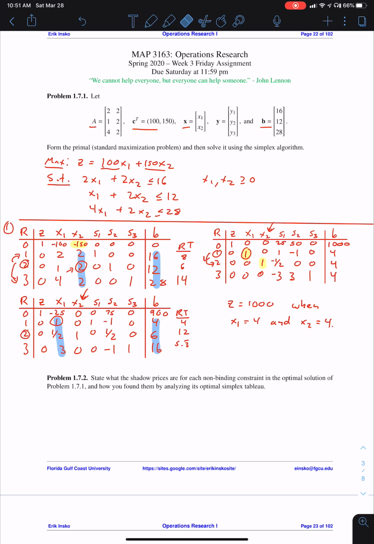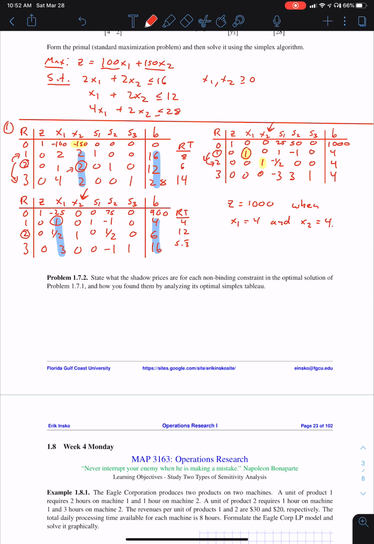Now the next question states that we must look at the shadow prices, and for each non-binding constraint, the optimal solution. The non-binding constraint would be the constraint that produces a 0 for shadow price, which will be the third constraint.